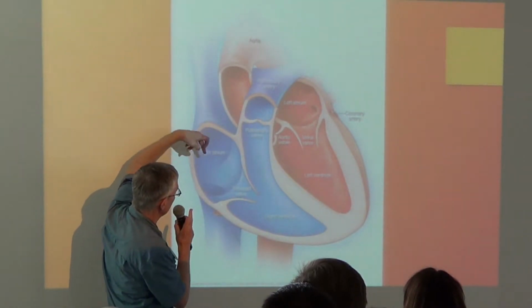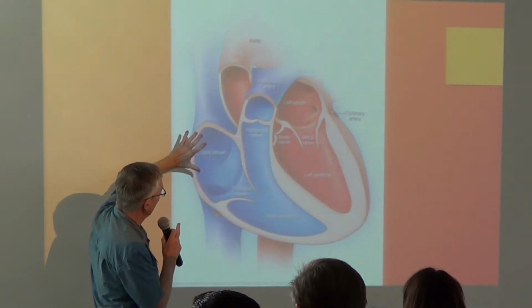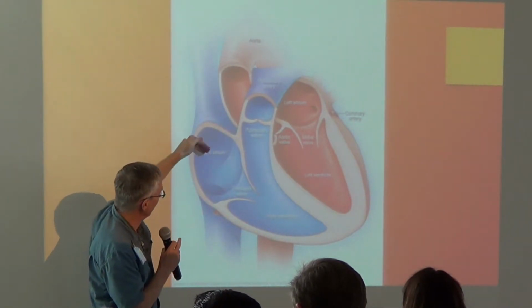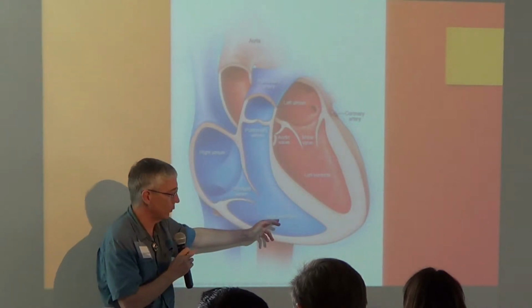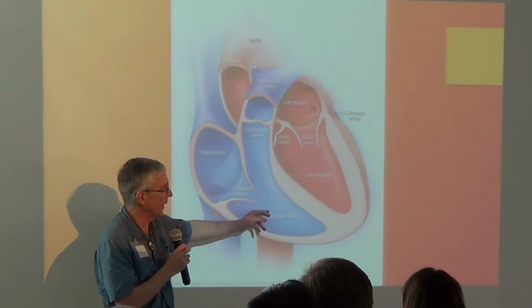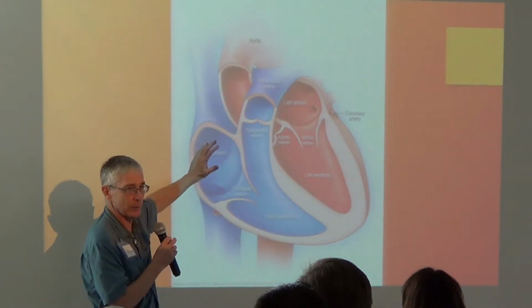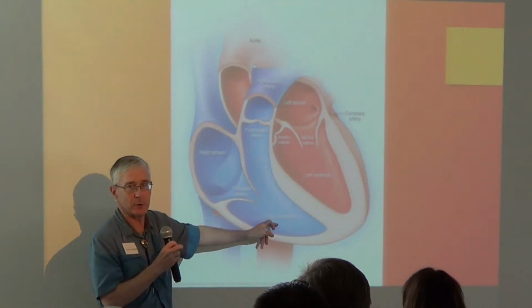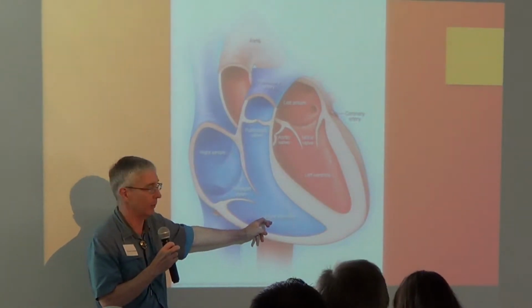So the blood comes into the right atrium. There's a contraction or a squeeze of the heart. The blood then goes from the right atrium into the right ventricle. It's still a low pressure side of the system, but it's a little bit higher pressure now because the right atrium, the little entry hall, gave it a squeeze to raise the pressure up a little bit to help the right ventricle.